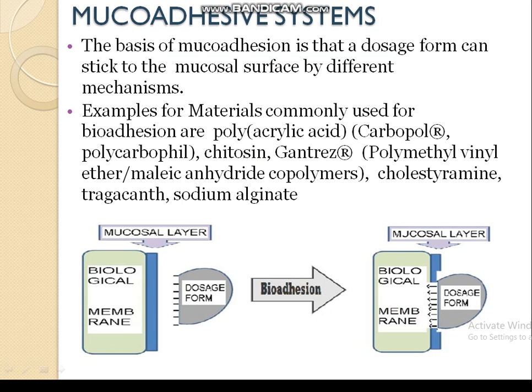Now, another system is mucoadhesive systems. The basis of mucoadhesion is that a dosage form can stick to the mucosal surface area. This mucoadhesive system is very important in the case of stomach cancer. See what is happening in stomach cancer. A person suffering from stomach cancer obviously has it in the stomach.